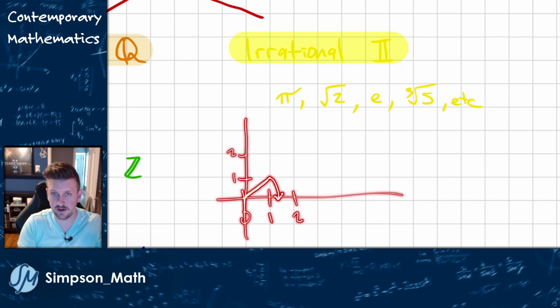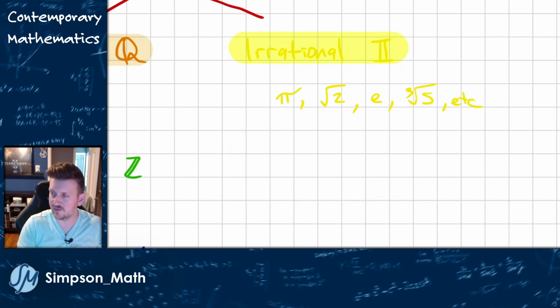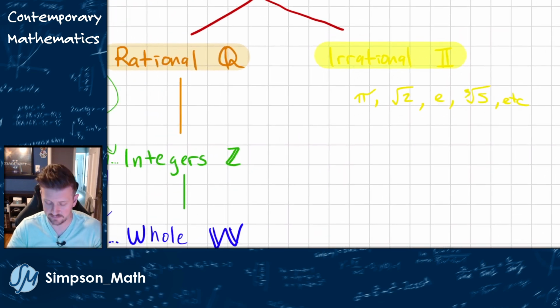But if I keep looking at all those decimal places, it's never going to end, never going to repeat. It's just some decimal that never ends, never stops. It goes and goes forever, like pi. There's something called e, cube roots, etc. So there's a whole lot of those.